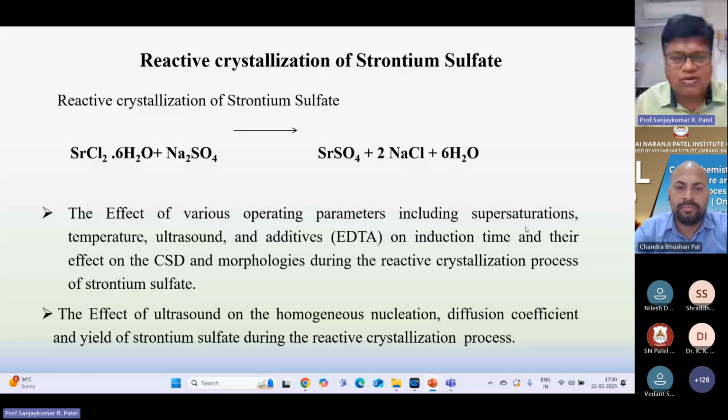In this reaction also, ultrasound can easily control such kinds of reactions, so we need to just compare this.